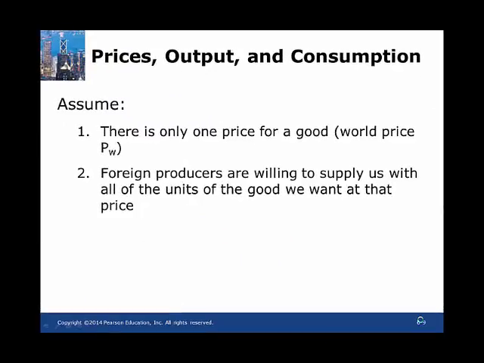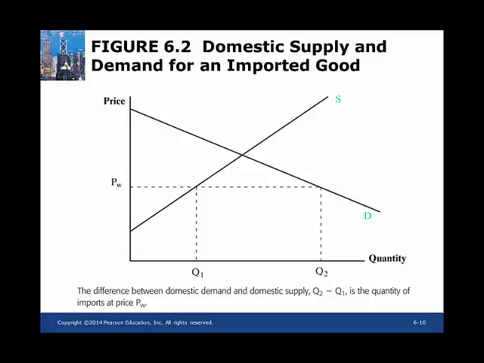Prices, output and consumption. Assume there is only one price for a good, the world price, PW. Foreign producers are willing to supply us with all the units of the good we want at that price. Figure 6.2. Domestic supply and demand for the imported goods.